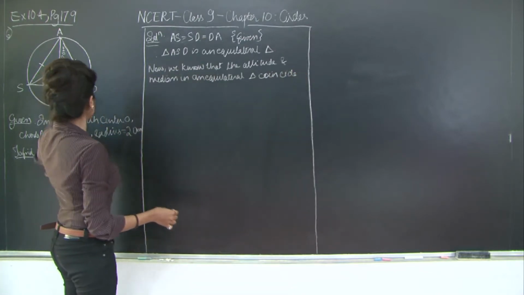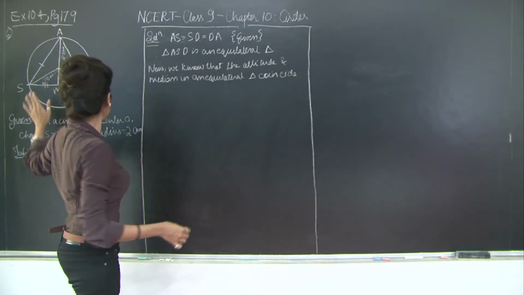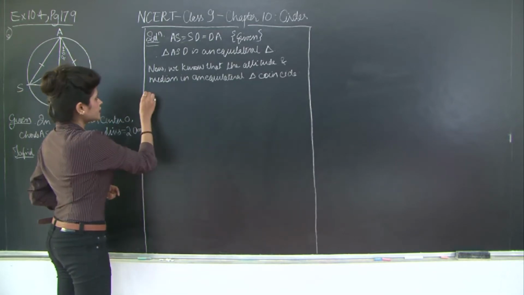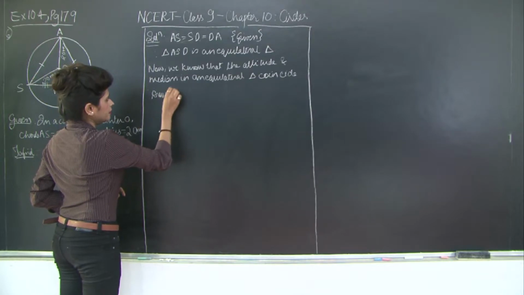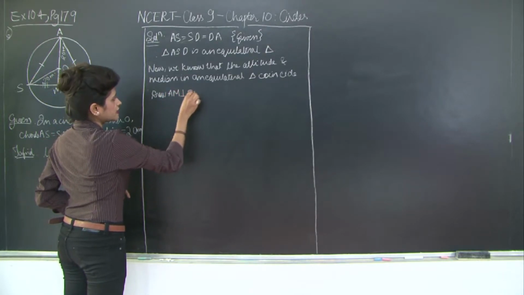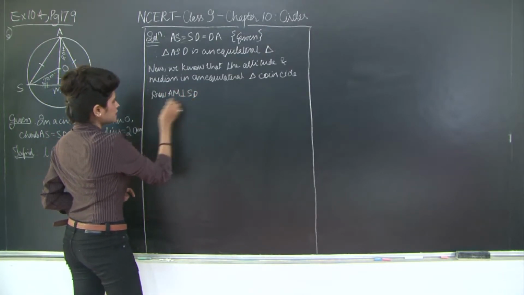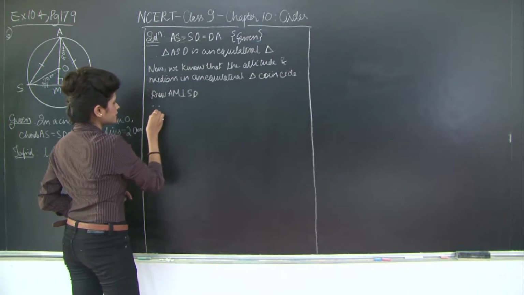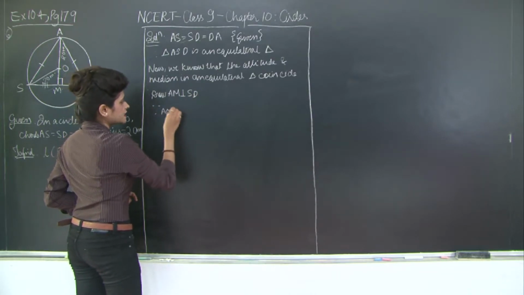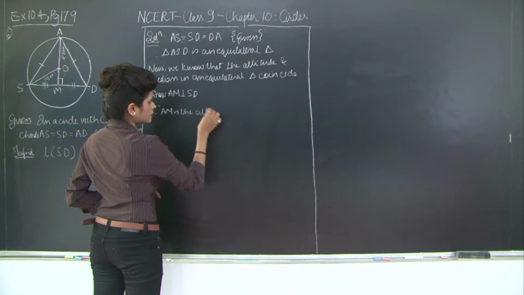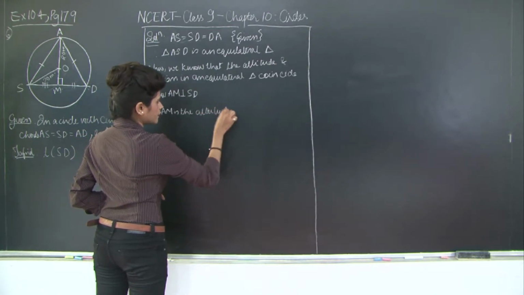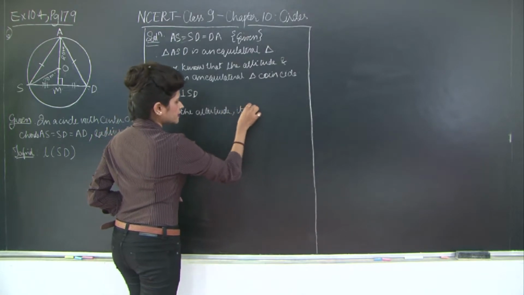Therefore, what we are going to do is we are going to draw the altitude AM to SD. Therefore, draw AM perpendicular to SD. Now, since AM is the altitude, it is also the median.